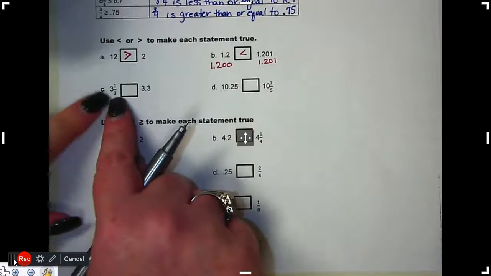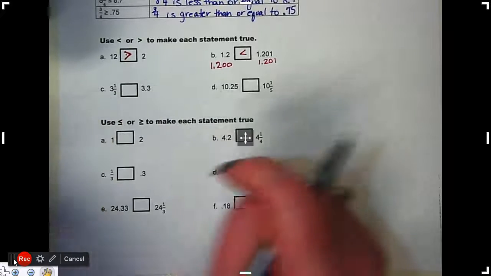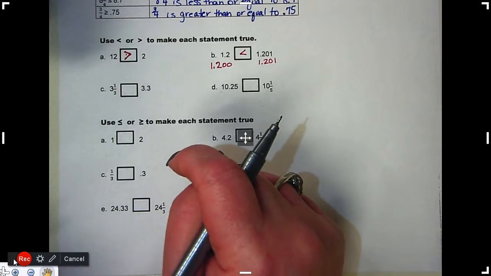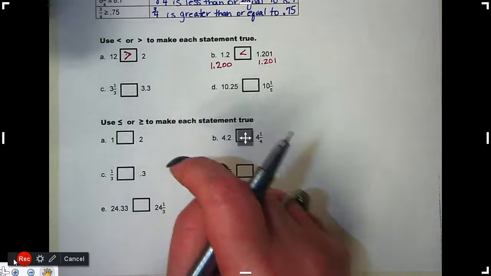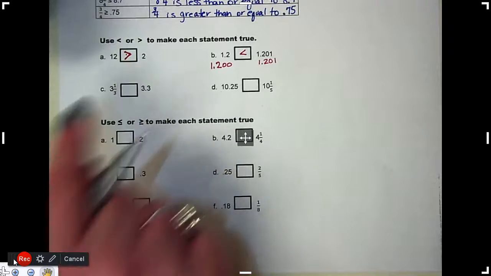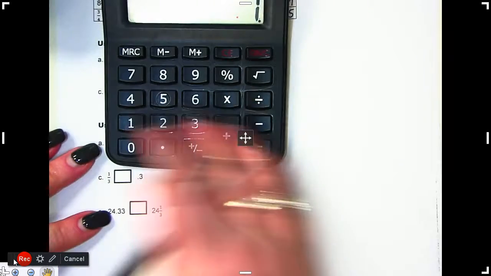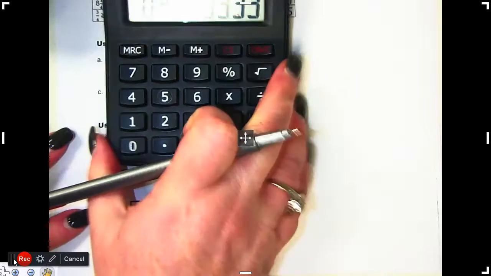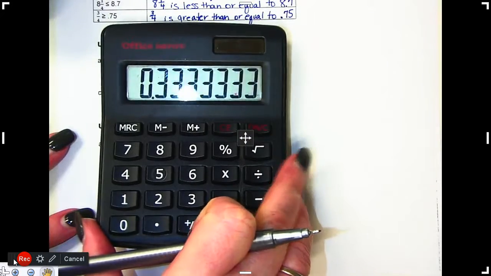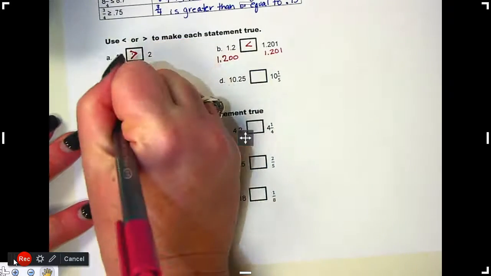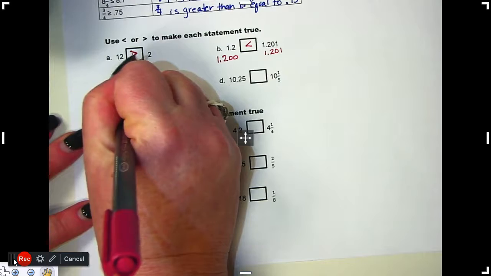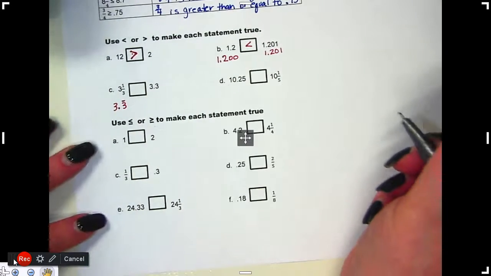All right? How can I compare these? So let's change 1/3 to a decimal. 1 divided by 3, and I get 0.3 repeating.